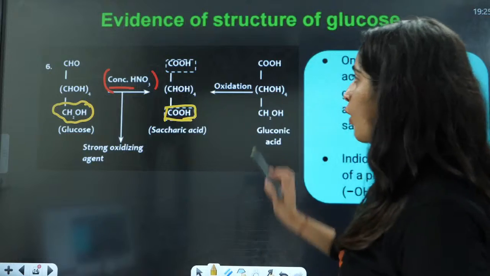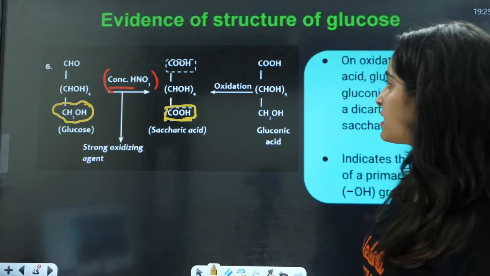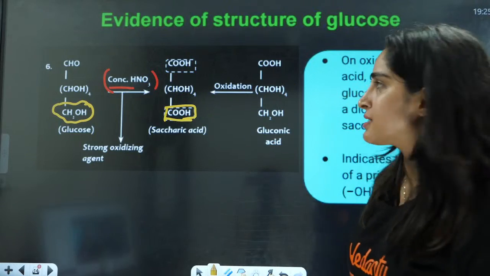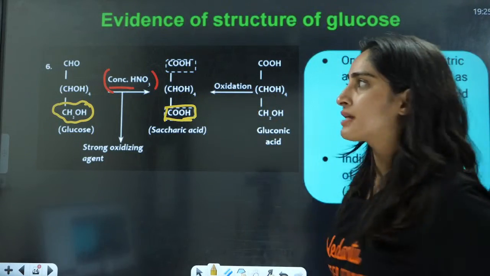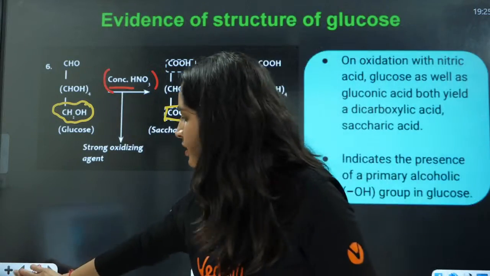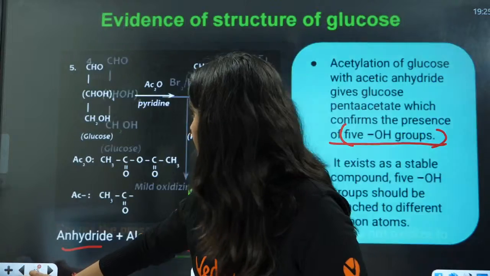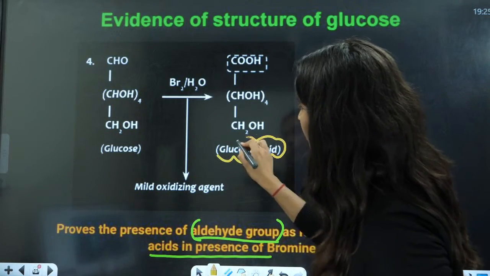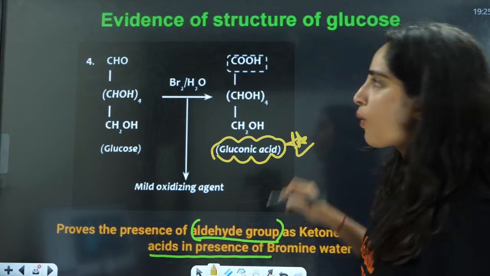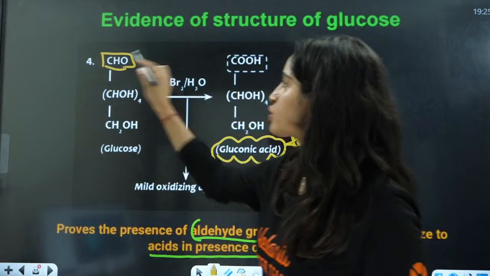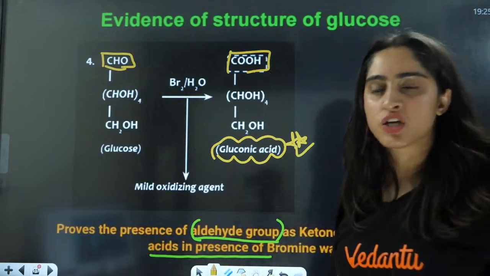Now, this is gluconic acid. If you have this gluconic acid, it will be further oxidized, right? That was from the oxidation here. Gluconic acid is also very important. They can ask you what the difference between glucose and gluconic acid is. That is, this is CHO and here it is COOH.